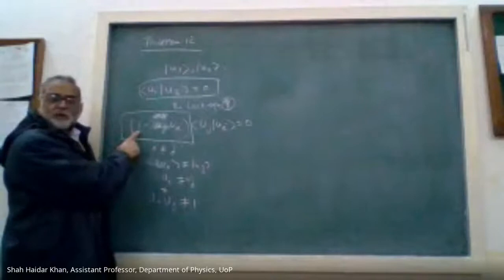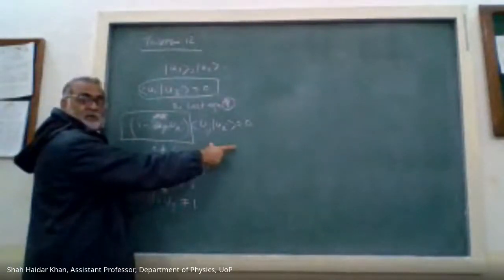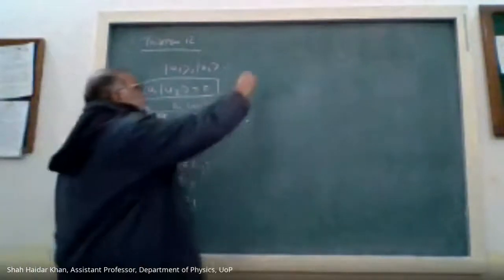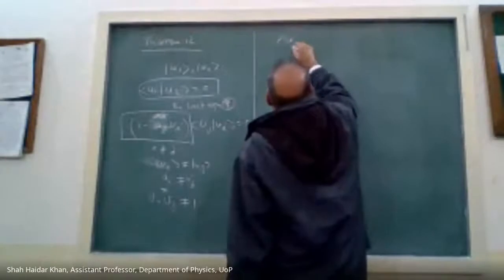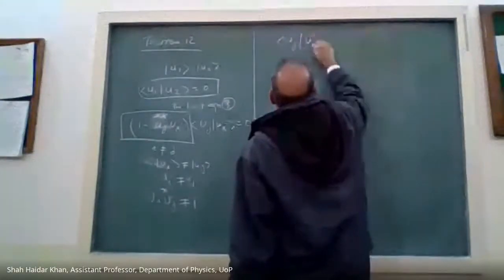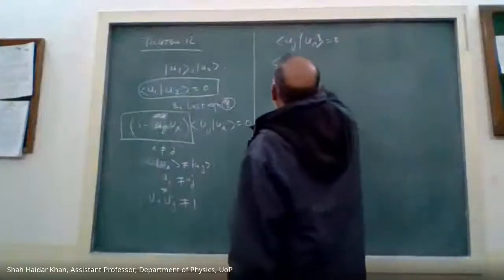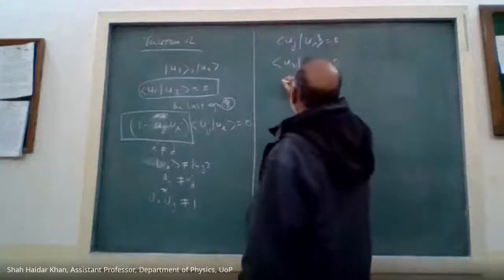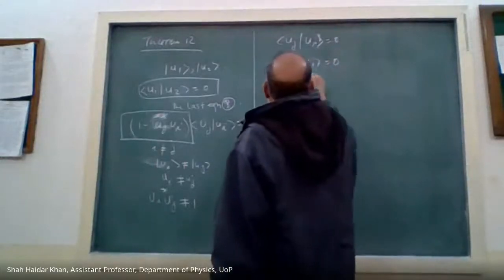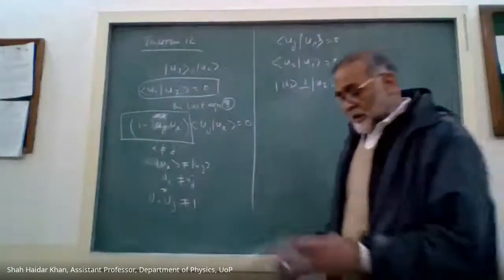When this is not equal to 0, the only option left with us is that the scalar product is equal to 0. So u_j and u_i is equal to 0. Or we can say u2 and u1 equal to 0. Or if we say u1 is perpendicular to u2.